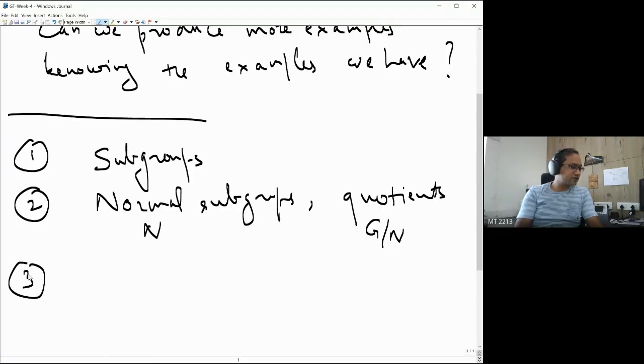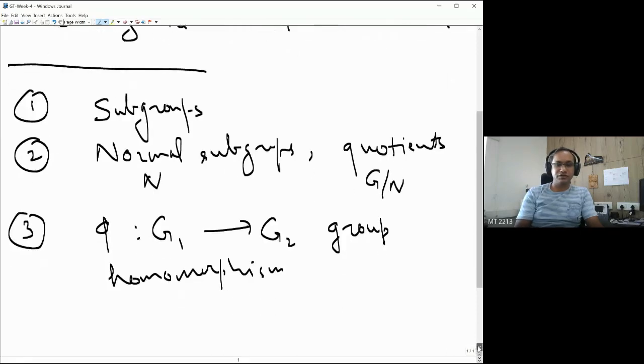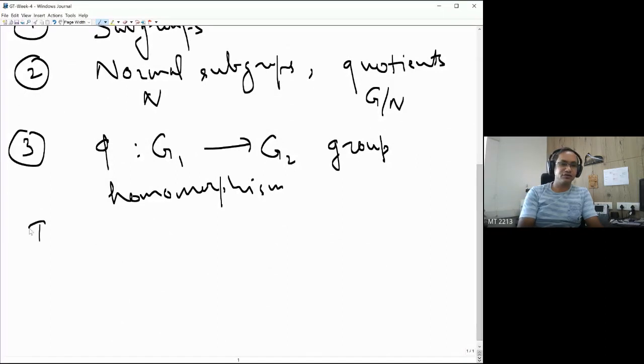Another way to construct more examples is as follows. Suppose I have phi, a group homomorphism from, let's say, group G1 to group G2, between two groups G1 and G2. Then we first define what is the kernel of this map phi.